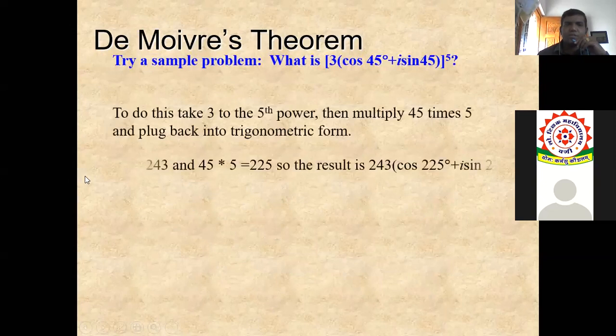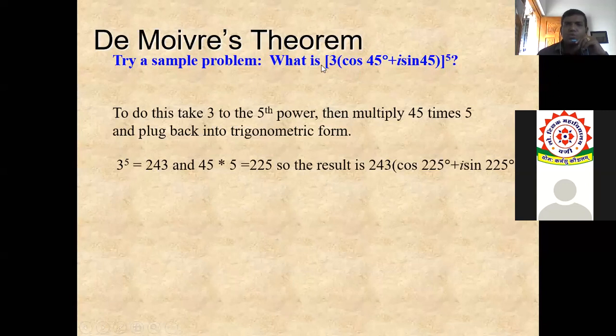The statement is just like computing 3 to the power 5, and we can find it the same way: (3 (cos 45 plus i sin 45)) to the power 5.